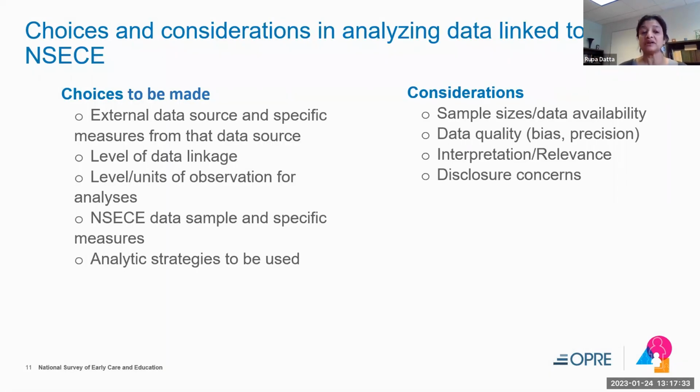So when you are thinking about analyzing data that you would like to link to the NSECE, there are a variety of choices to be made. The flexibility of the NSECE data really means that for a huge swath of analyses, there are multiple possible ways one could undertake the analysis. There is rarely a single right way.